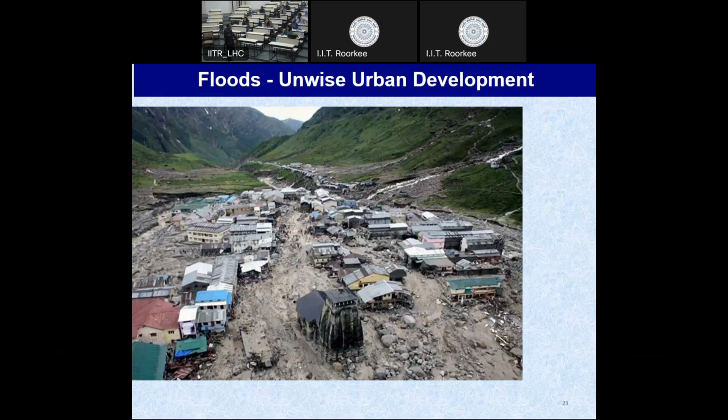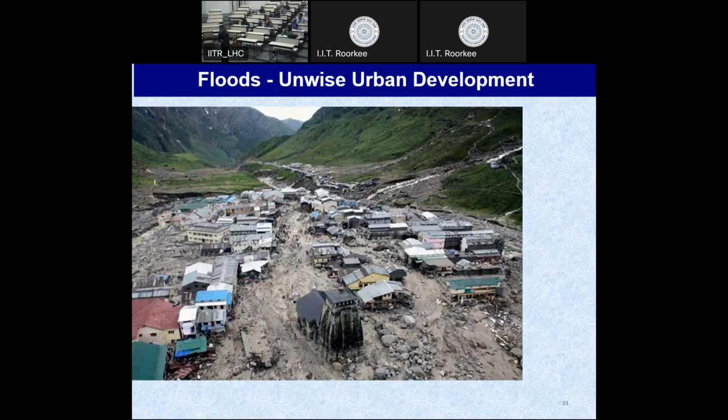And when the boulders move at such a steep slope, you can see the kind of slopes which are present here. Steep slope means very high flow velocity of water, and this flow velocity is accompanied by boulders. These act like missiles, so they destroyed whatever came in their way. And almost all the construction which was made in these so-called dry river channels was damaged or was swept away by the moving water.